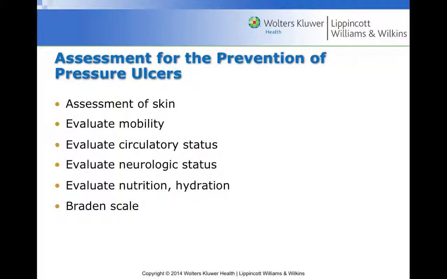Most oftentimes, if your patient is at risk for a pressure ulcer, it will automatically put in a consult for wound care management. So you want to make sure you are doing this per hospital protocol and assessing your patients properly.